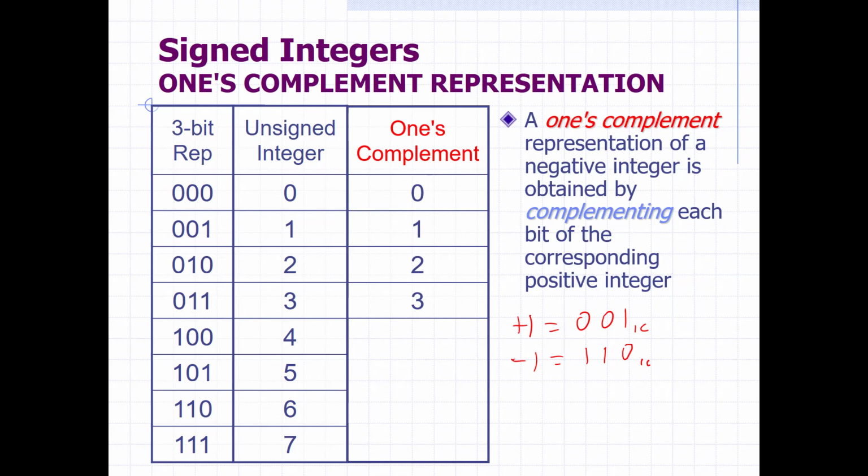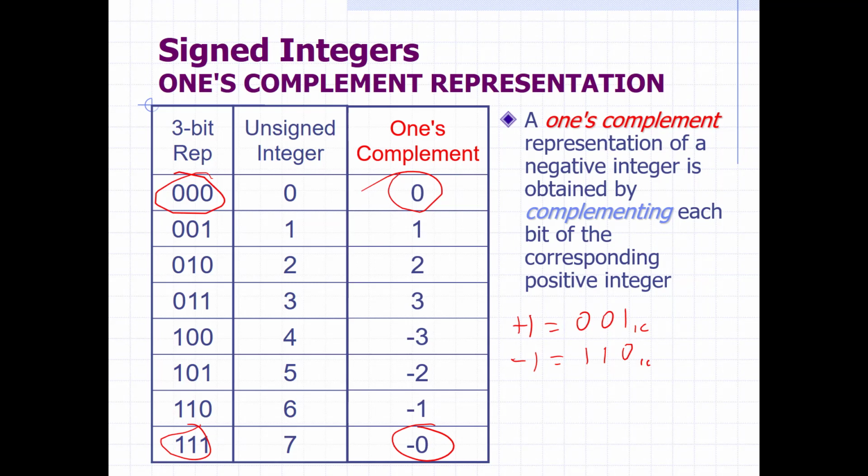Now this is another very simple way of coding this. It's easy to do the transitions between them. If you know the positive value of the number you want, just change all the bits and that's the negative number you want. Filled in the chart here, you can watch like the number 0 is all zeros, negative 0 will then be all ones.